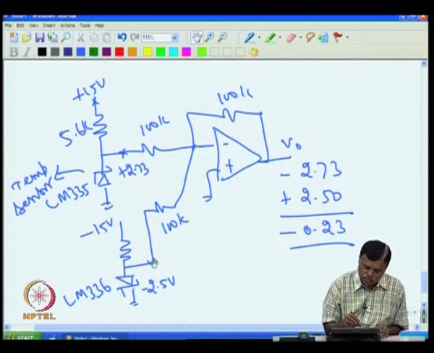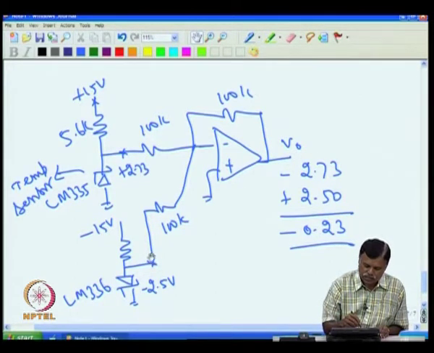So, what I can do is keep this 2.5 volt, and change this resistance such that this and this put together give a gain little more than 1, so that this 2.5 itself is able to give 2.73 at the output.